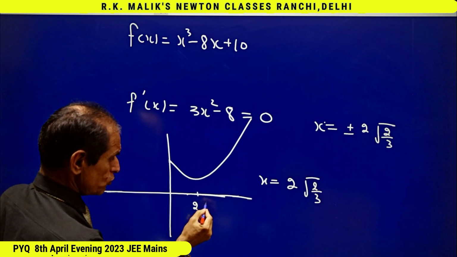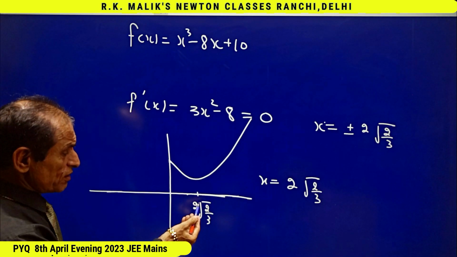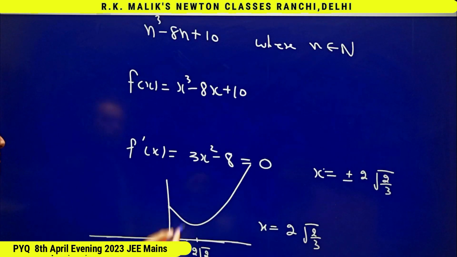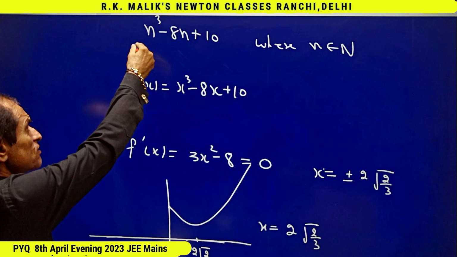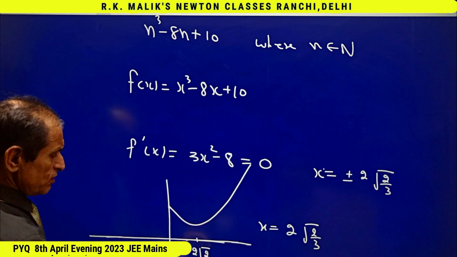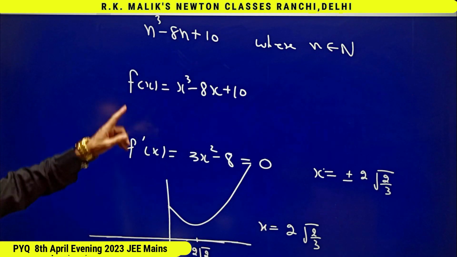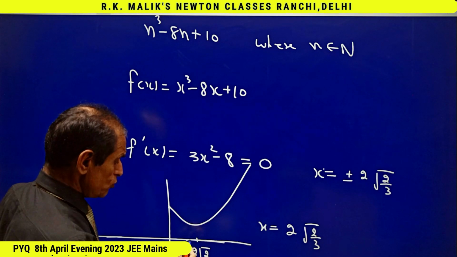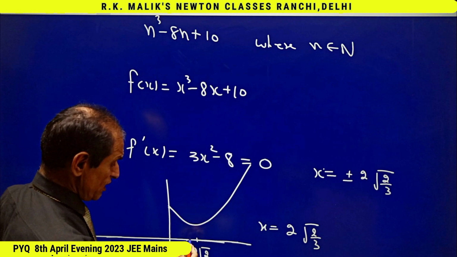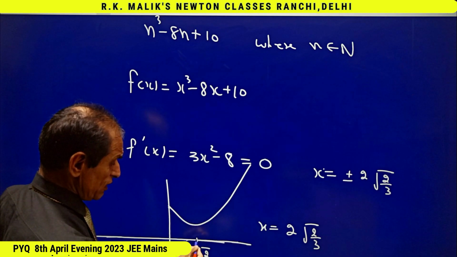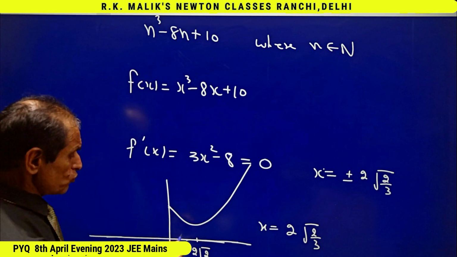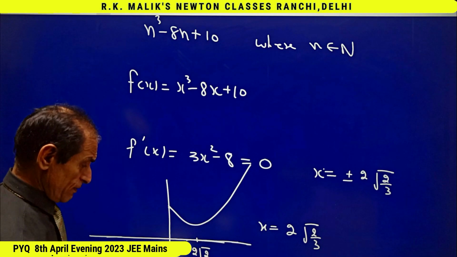This point is 2 root 2 by 3. It is clear that this function becomes least for this value of x. But I can't say that this will be least for this value of x, because n cannot take this value. Hence what we do, I take the two natural numbers, one slightly less than this, other slightly more than this, and I find the value of this for those two values of n.